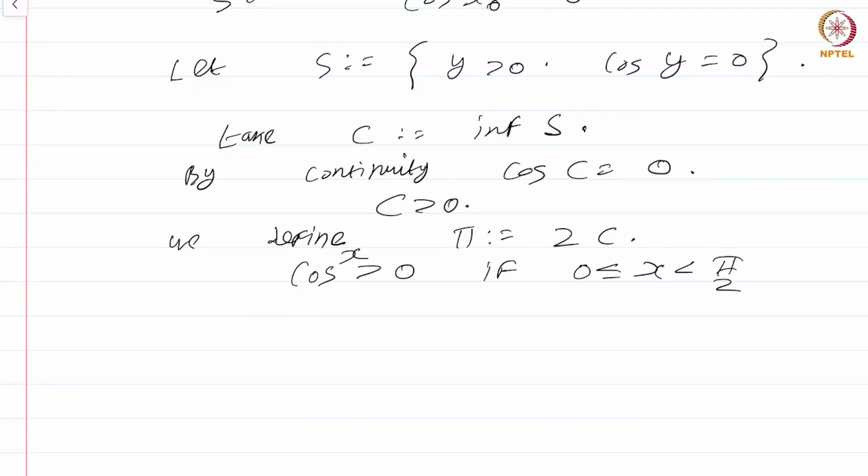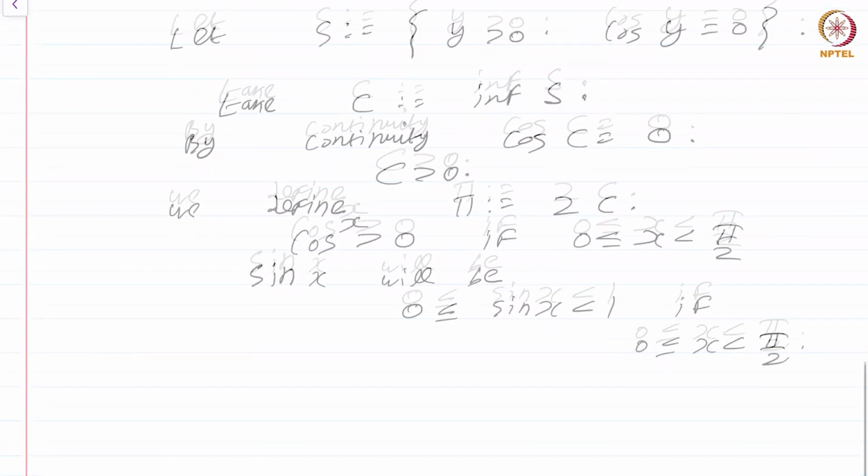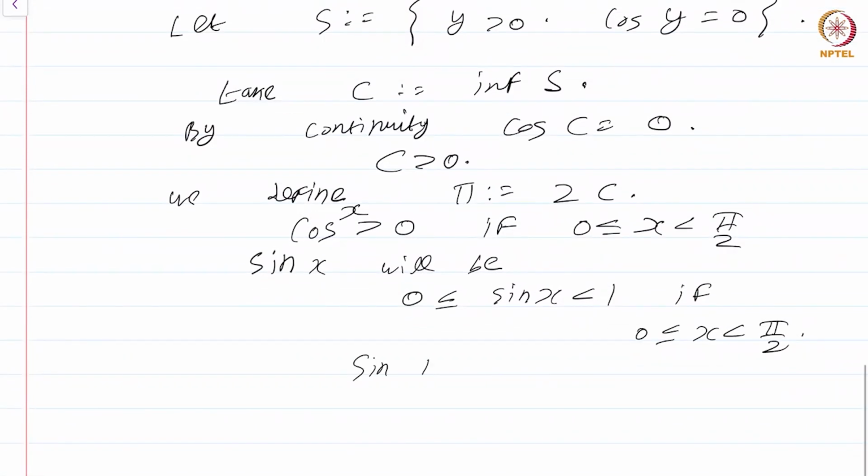And because of this, sine x will satisfy 0 less than or equal to sine x less than 1 if 0 is less than or equal to x less than pi by 2. And we also know that sine pi by 2 is equal to 1.